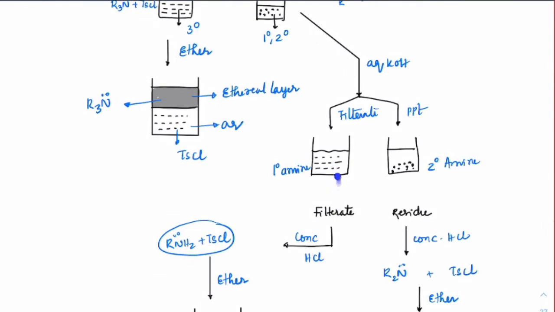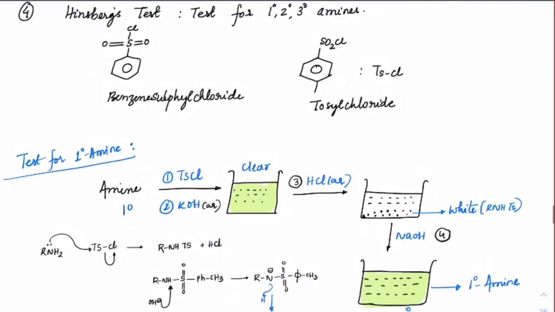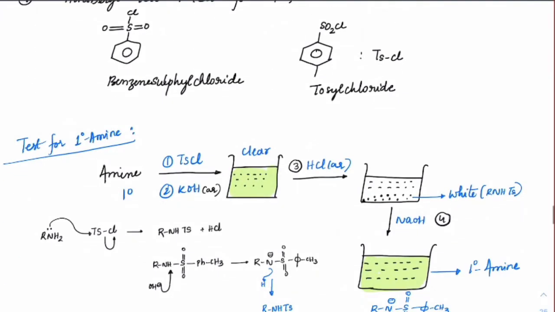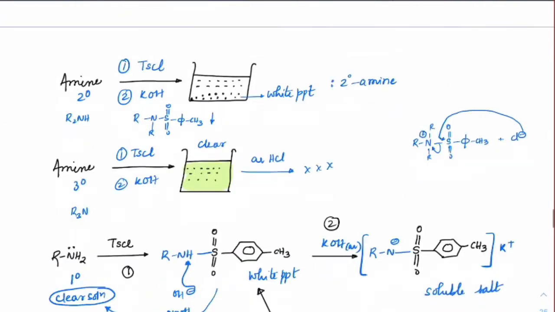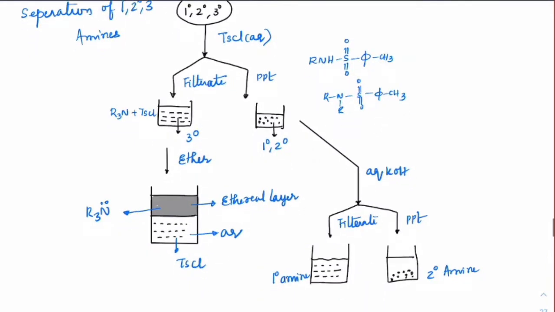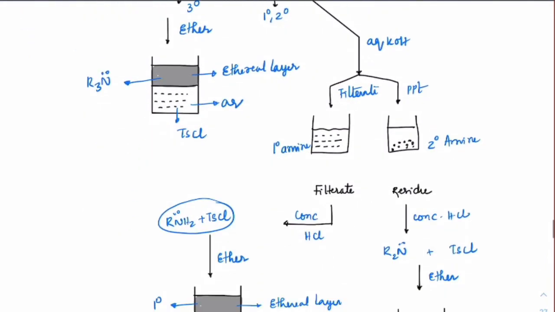Suppose from 1 degree amine, in case you remove the filtrate, what is the next thing we can do? See, this was about just detection, 1 degree, 2 degree, 3 degree detection, what we have done earlier. Now this is separation. So to completely separate out primary amine, I use concentrated HCl.